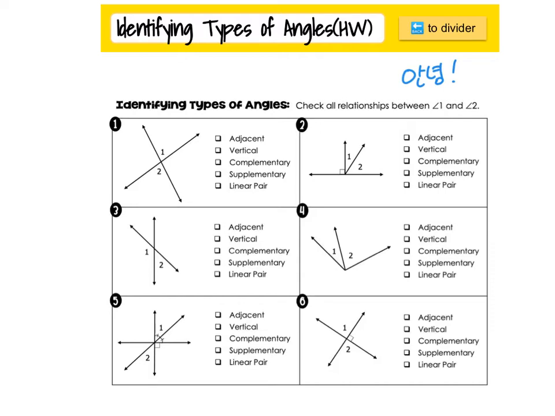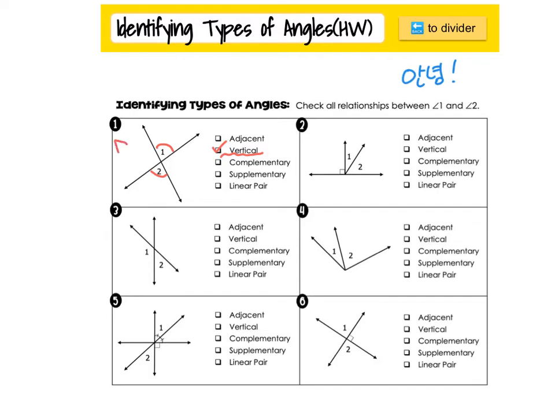Before we start the new lesson today, let's check your work from yesterday identifying types of angles. Number 1. You see angle 1 and angle 2. They are facing each other. When two lines are intersecting, that is called vertical angles, right? I have a nickname for vertical angles.